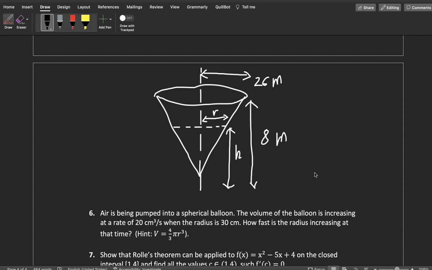So we basically want to determine the value of H when R is equal to 10.